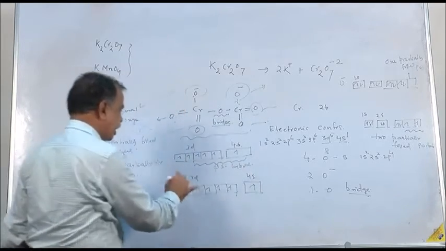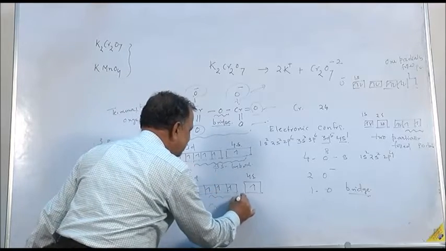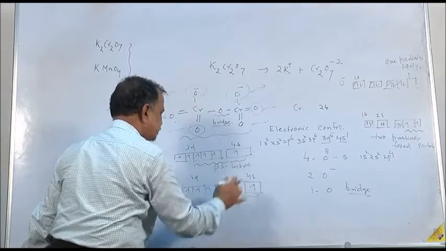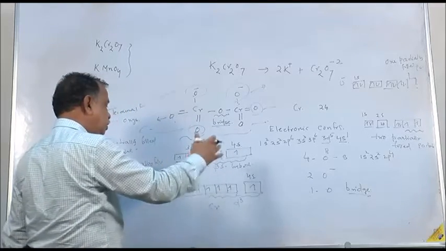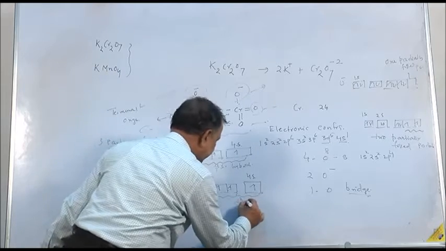Another chromium is also there, which also forms hybridization: 3 partially filled d orbitals and 1s combine to give 4 orbitals of the same energy, called hybrid orbitals, d3s orbitals.